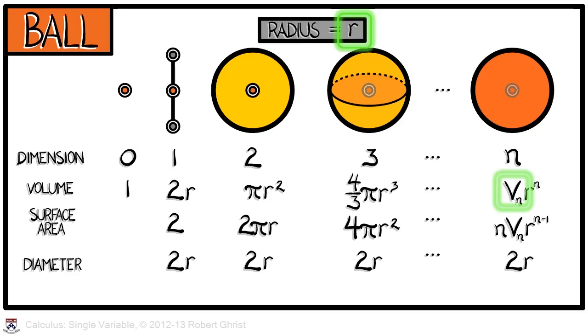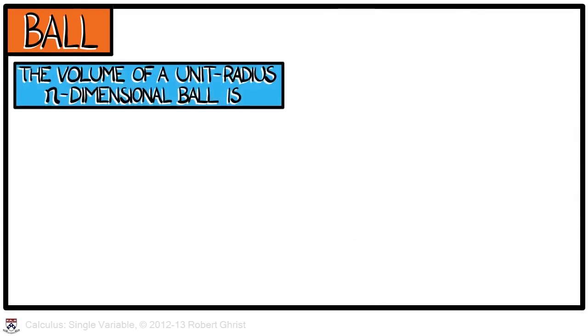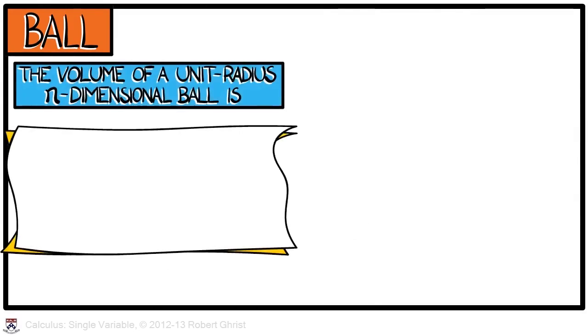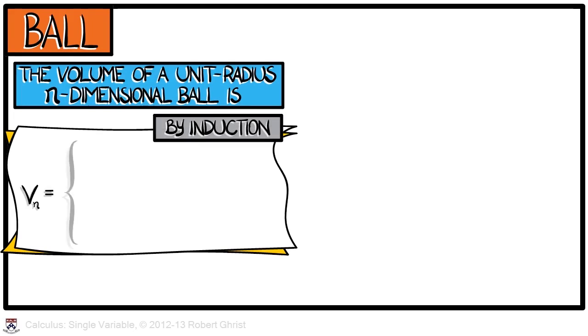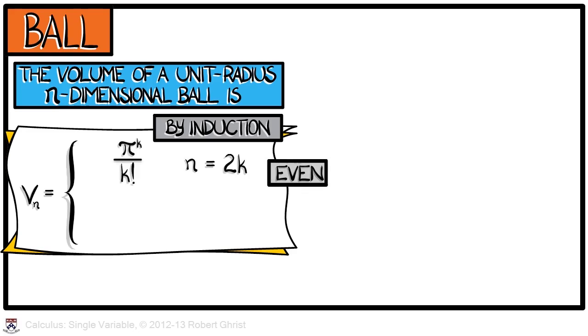Now, let's see if we can figure out what this n-dimensional volume of the unit ball, v sub n, is. Well, we're not going to be able to prove it in here. We'll do it in the bonus lesson. Suffice to say that with some work, one can show that the volume of the n-dimensional ball of radius 1 is, when n is an even number, let's say 2k, then the volume is pi to the k over k factorial.